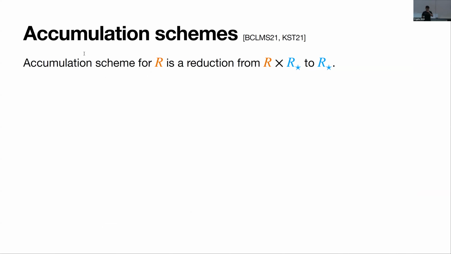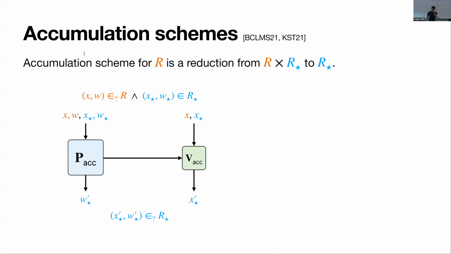Okay, so with that out of the way, it's actually quite easy to describe an accumulation scheme. An accumulation scheme for some relation R is just a very specific kind of reduction, which turns out to be very useful. It's a reduction from the product relation between R and some other relation R star into R star. Now what is R star? It can be whatever you want it to be, so long as your reduction obeys this description.